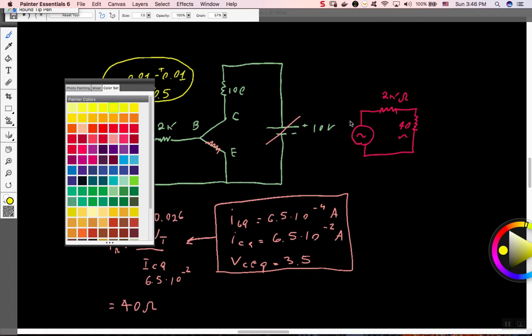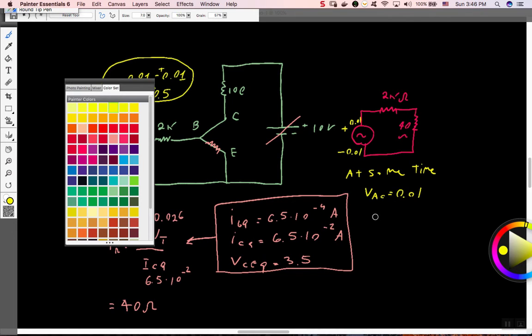So let's say at some time the voltage across the AC source is 0.01. Now it oscillates. It could be from plus 0.01 to minus 0.01, but let's say at some point it's 0.01.